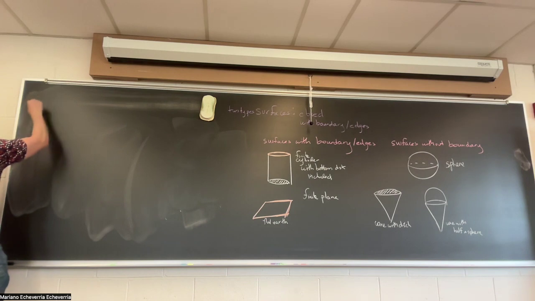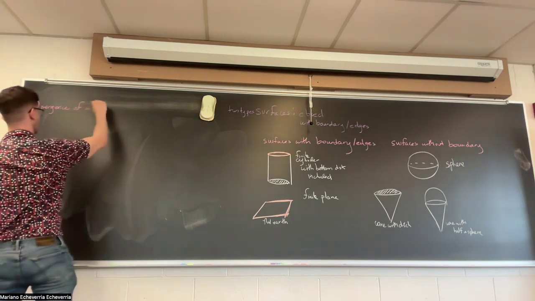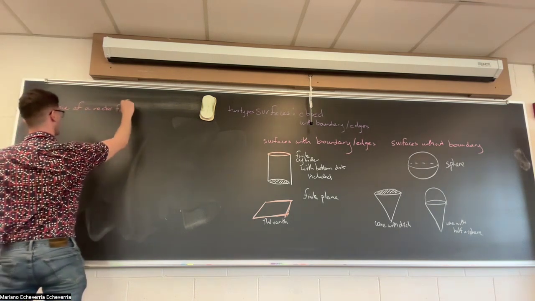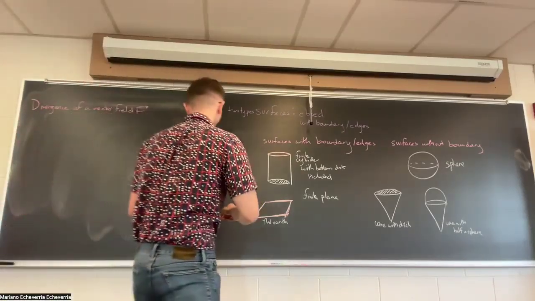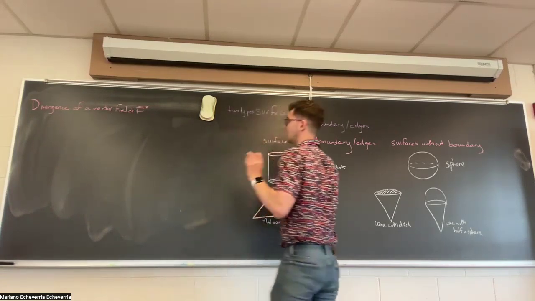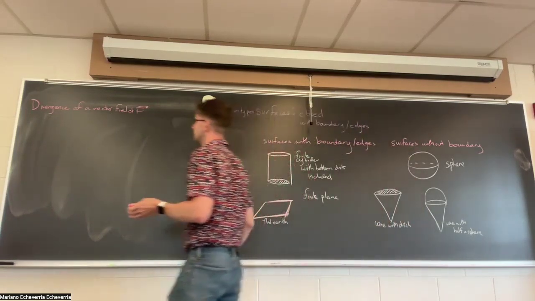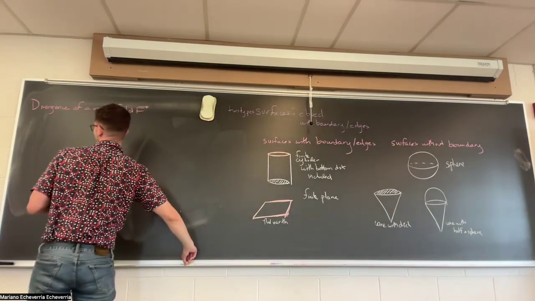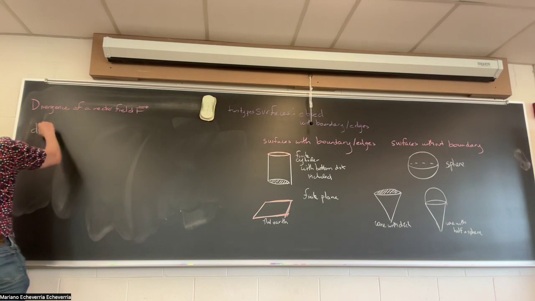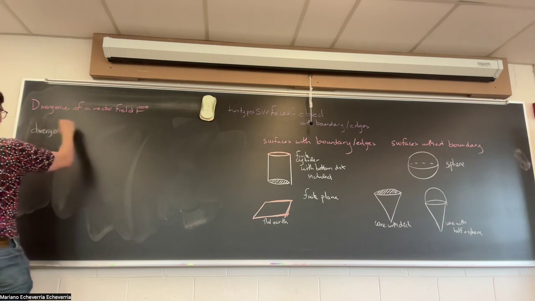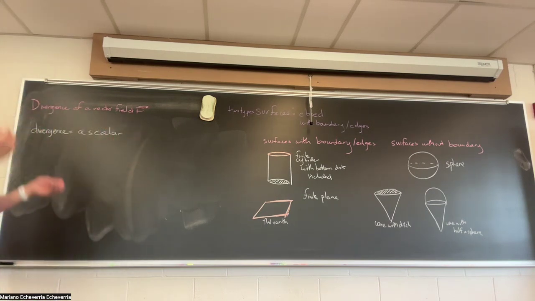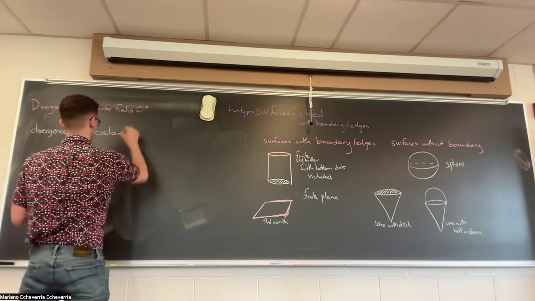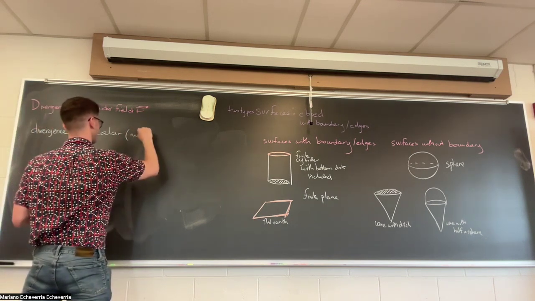So what is the divergence of a vector? The divergence will be a scalar, meaning that it's a number. You will get a number or a function as the answer.